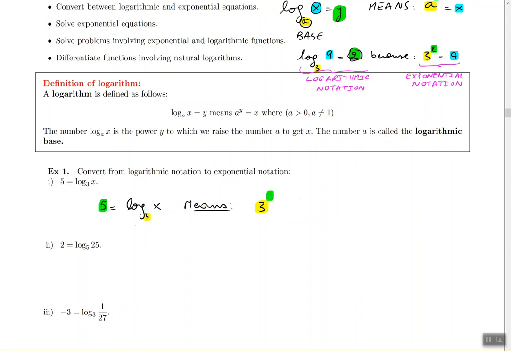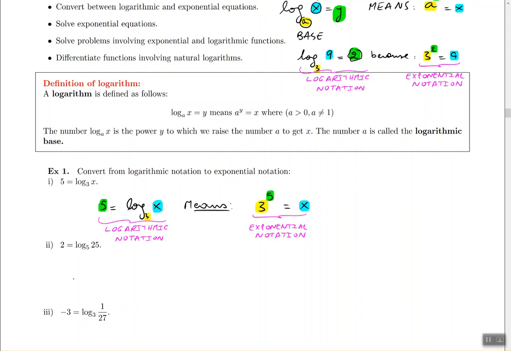I'm going to put that on top of the 3, so 3 to the power 5. Then I'm going to say that this is all equal to x, which was the argument of the logarithm. That stays all by itself. So the x that we're looking for is 3 to the power of 5. The first notation that I wrote is logarithmic notation. The second one is exponential notation.